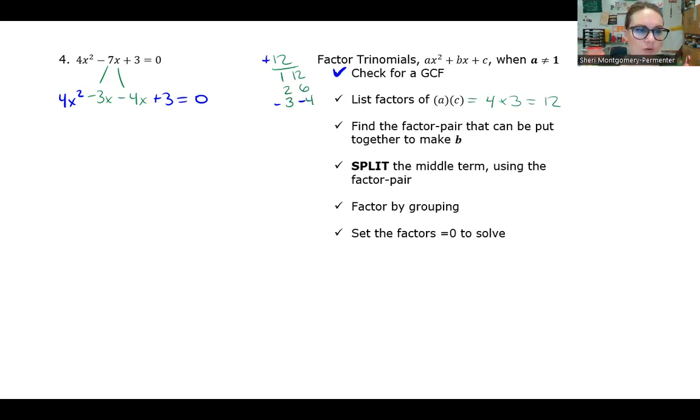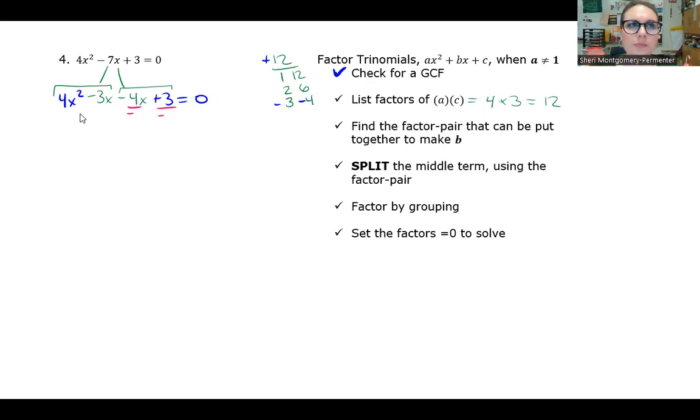So I've got my 2 groups. The first thing that I notice is that the signs are messed up. This one's positive, negative, and this one's negative, positive. So for my second group, I'm going to have to divide out a negative. I also noticed that they're the same numbers, so this should make it kind of easy.